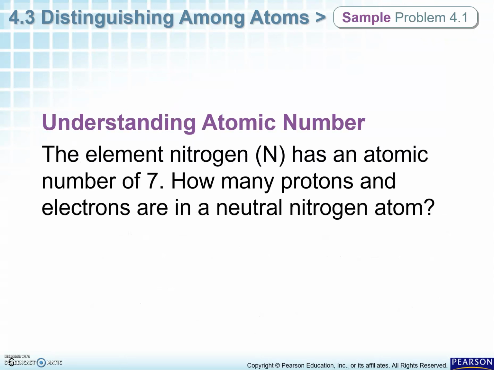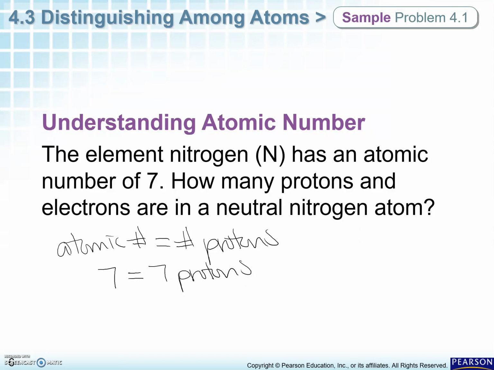Additionally, we can look at another one. Here we have an element of nitrogen, and it has an atomic number of 7. So automatically remember our definition that the atomic number is equal to the number of protons. That means that if you have an atomic number of 7, you have 7 protons. Now remember, we have to keep it neutral.